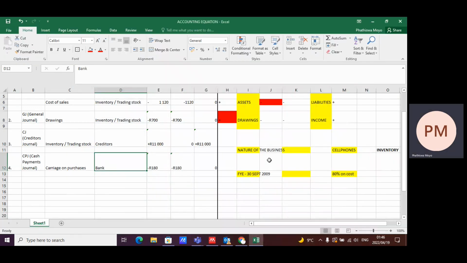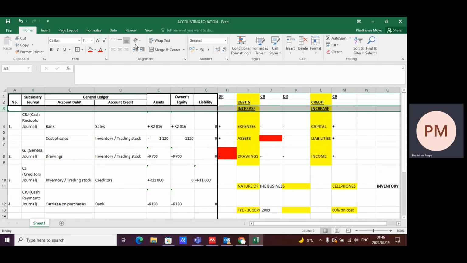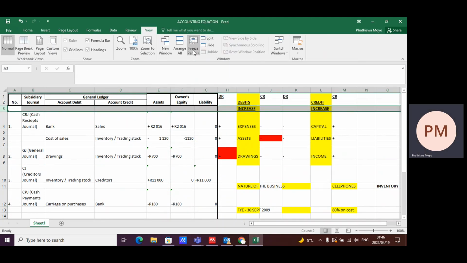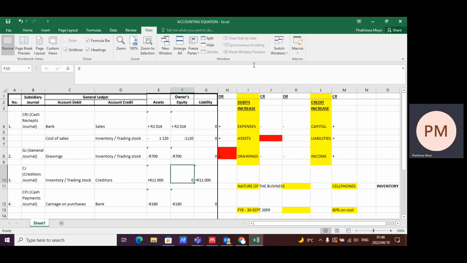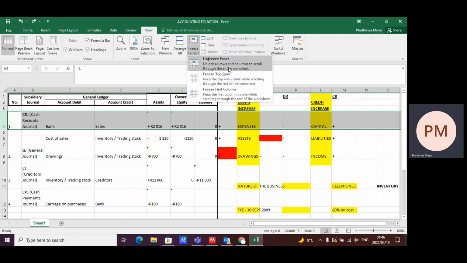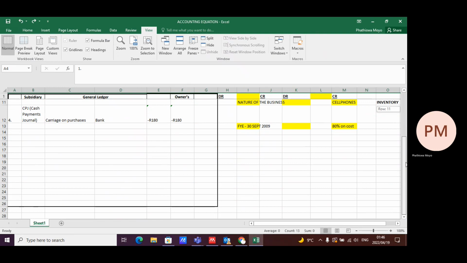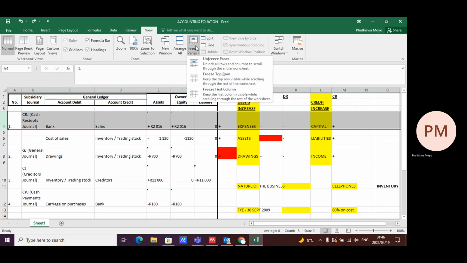So that means, let me just freeze the panes. Freeze panes. Freeze top row. Undo. Freeze panes. Freeze top row. Okay, I just wanted. Let's try again.